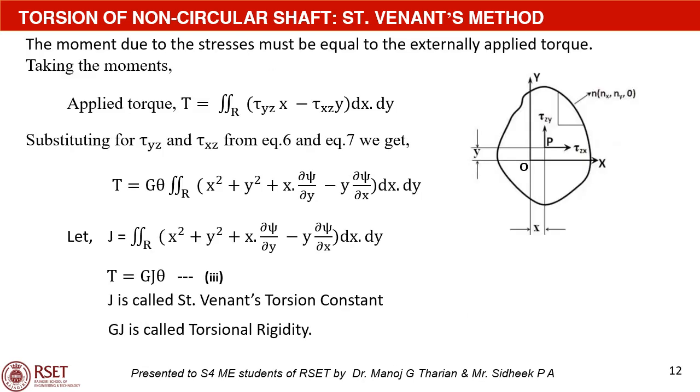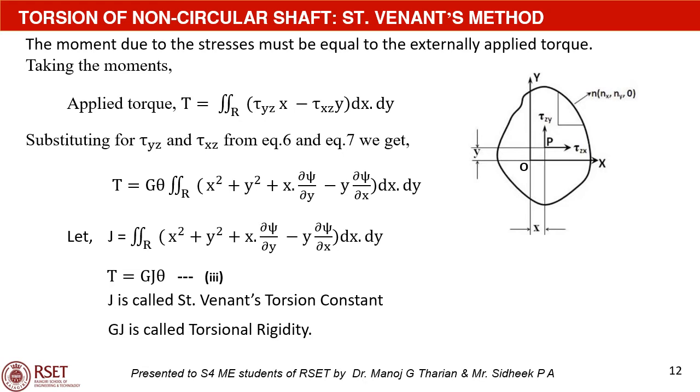For the equilibrium of the shaft, the sum of the moments of the internal stresses should be equal to the externally applied torque at any cross section. At a specific cross section, the moment of the internal stresses, that is tau yz and tau xz, is given by tau yz into x minus tau xz into y.